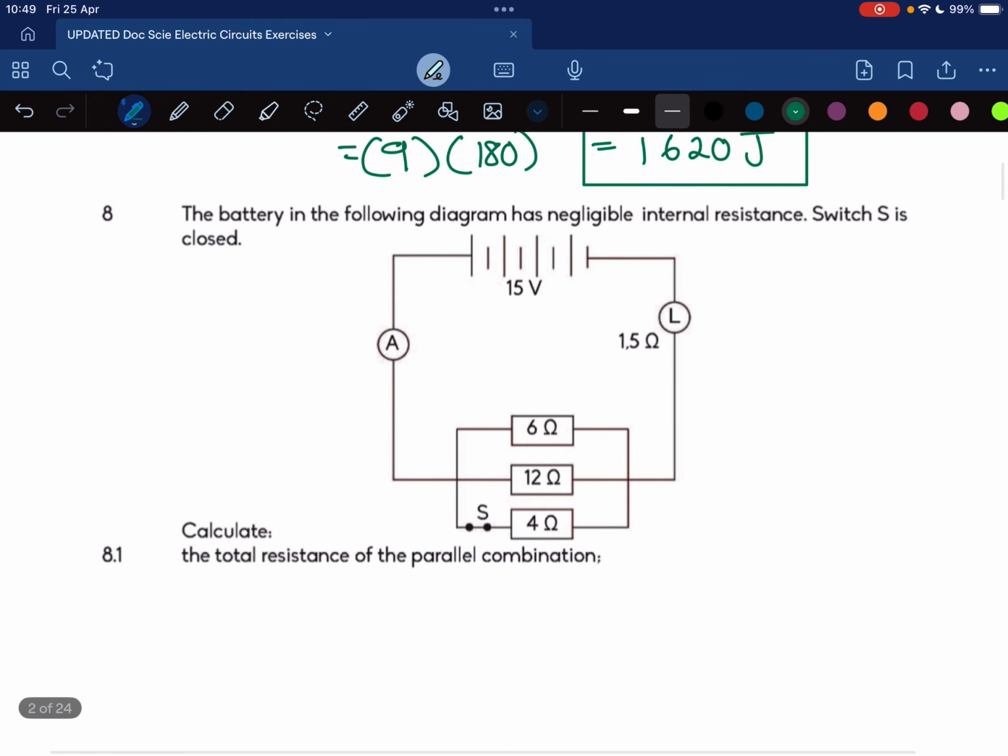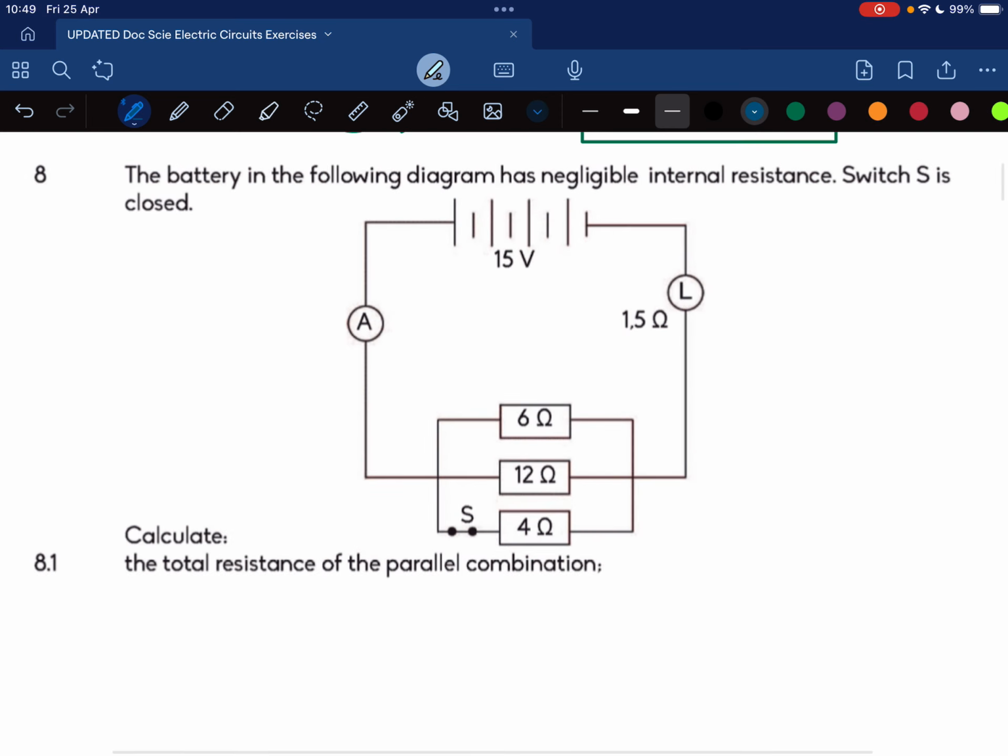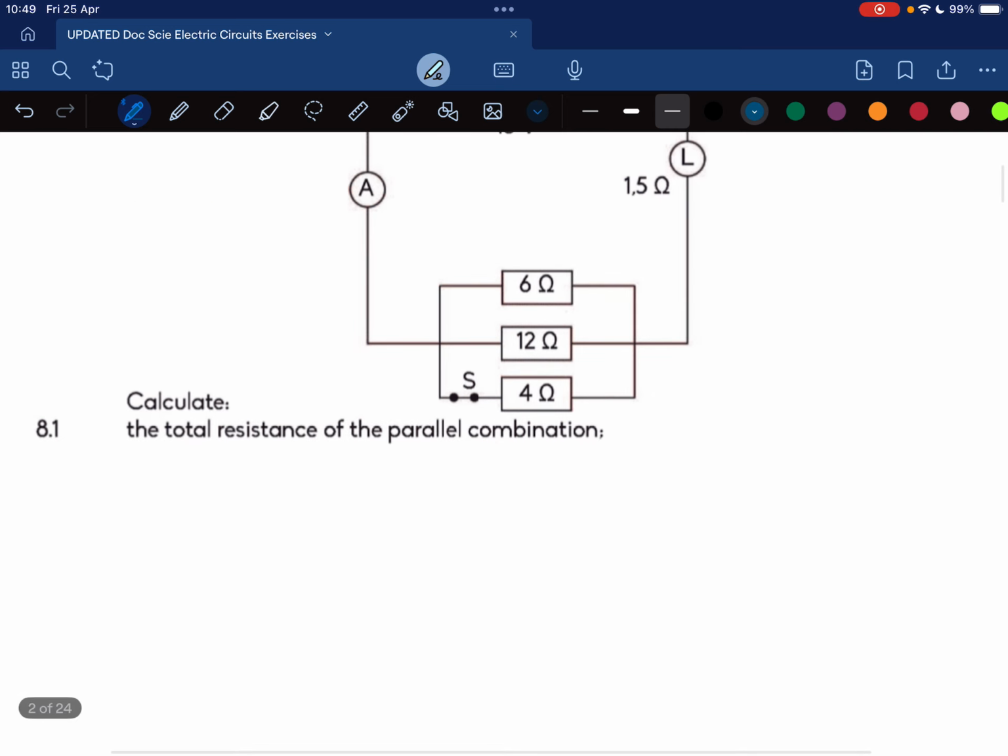Okay, then question 8. It says the battery in the following diagram has negligible internal resistance again. The switch S is closed. Okay, so S is closed, very important. So 8.1 says, calculate the total resistance of the parallel combination.